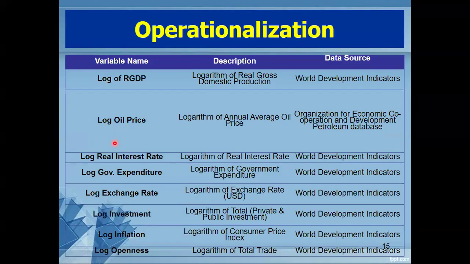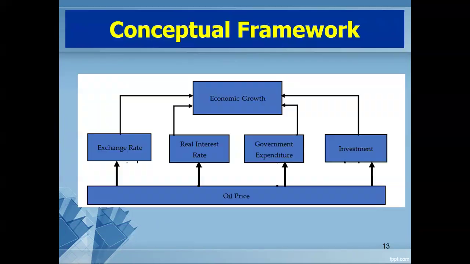and then the operationalization. Framework, hypothesis, and then the operationalization. Operationalization clearly indicates how to measure the variables in the framework, right? Because in this framework we have, how many variables? 1, 2, 3, 4, 5, and 6, right?